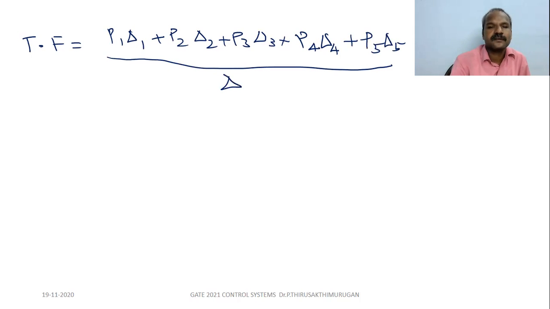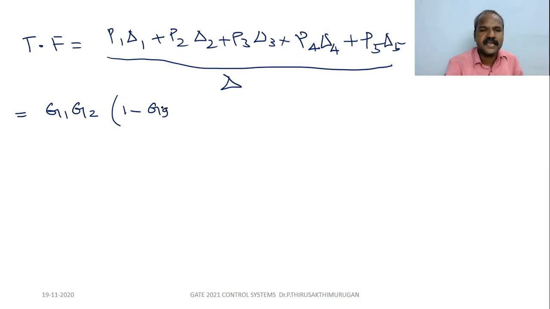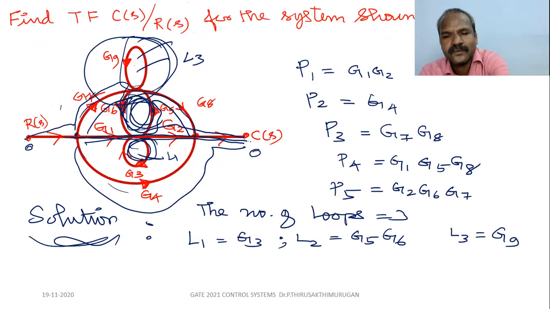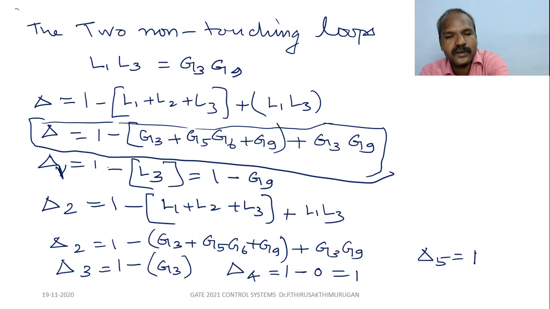Please substitute and bring it to this form. If you have any doubt, ask me. G1, G2 into 1 minus G9, since G1, G2 is P1 and delta 1 is 1 minus G9.